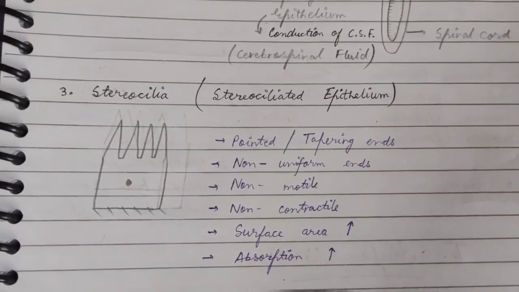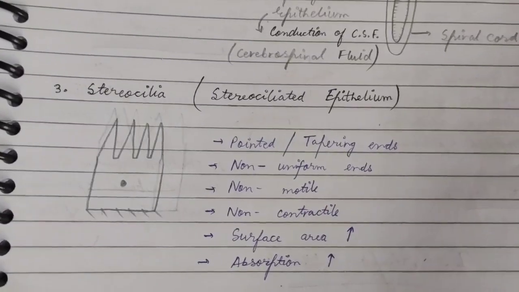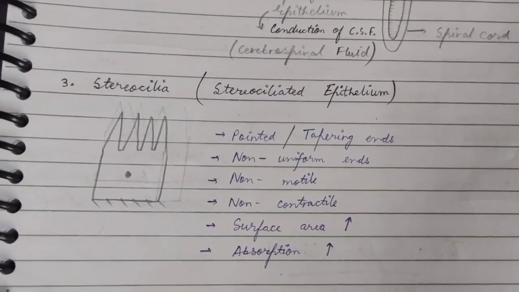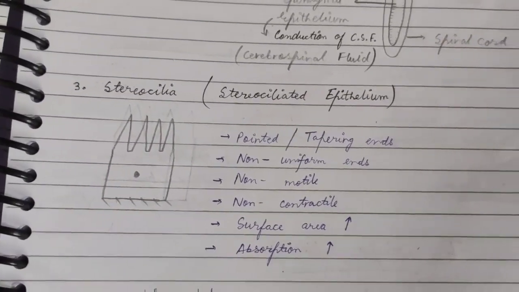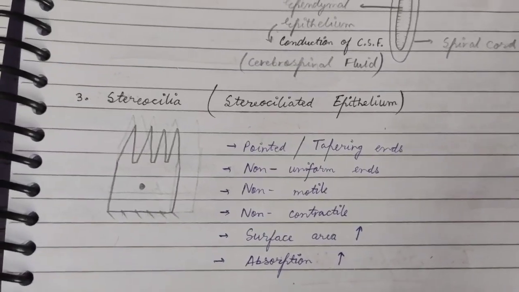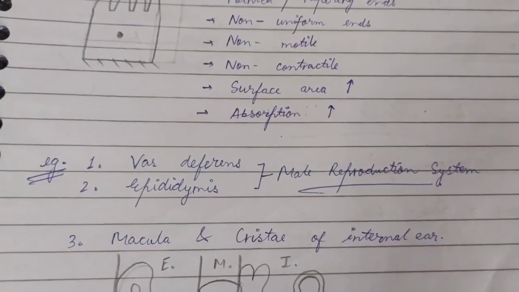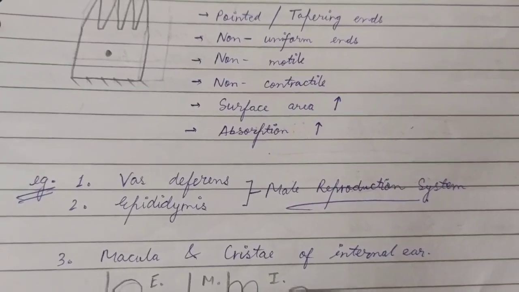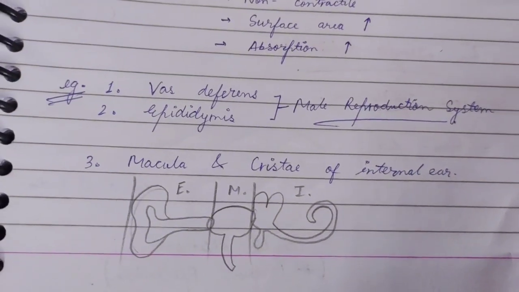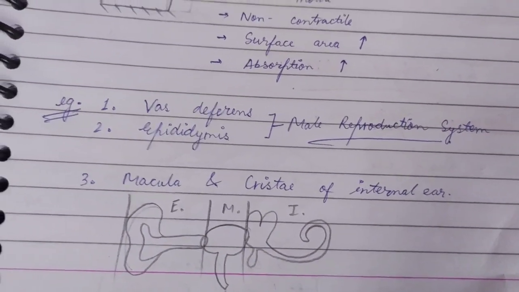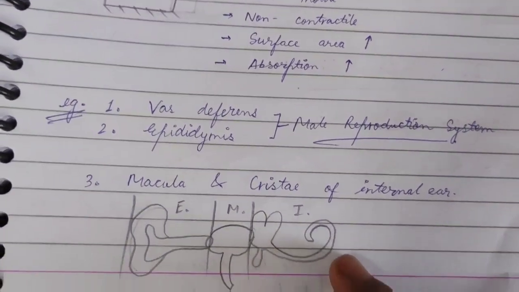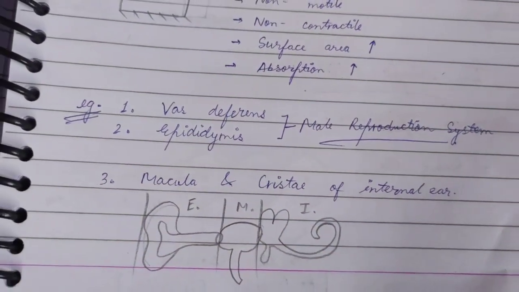It increases the surface area and also the rate of absorption. Examples of stereocilia can be found in the vas deferens and epididymis, which are in the male reproductive system, and the macula or cristae of the internal ear. We will talk about their functions in later videos.